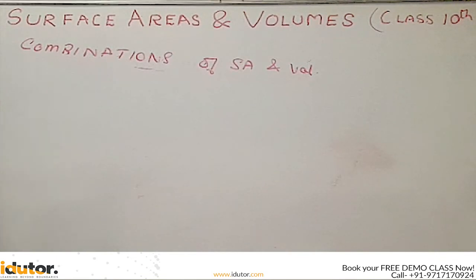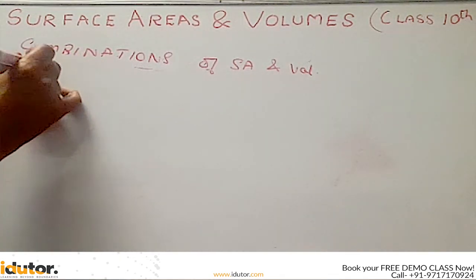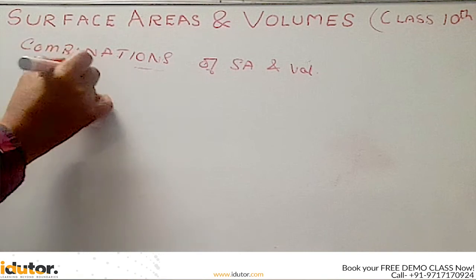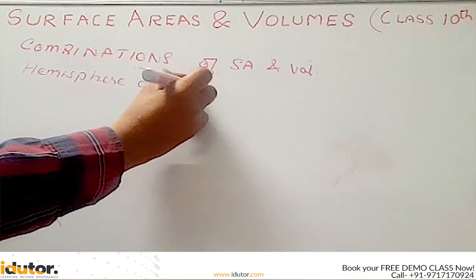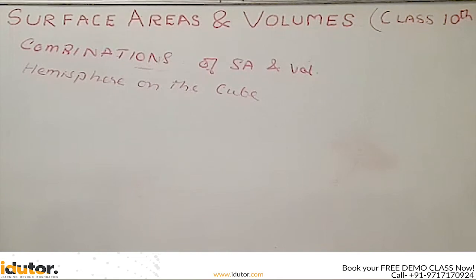Here the next one is hemisphere on the cube or on a cuboid. So let us make the hemisphere on the cube first. Let's see how to do it. Hemisphere on the cube. So let us make the cube first.